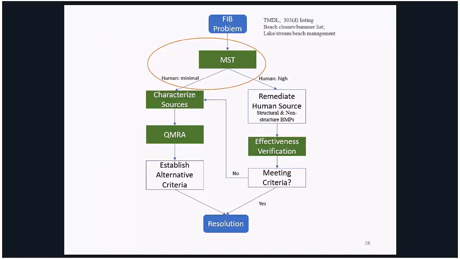In reality, what we talked about won't be sufficient. So you actually need to start from the top where you have the FIB problem, then go down the flow chart I'm showing here, and hopefully reach a resolution to resolve your problem. So what do you actually need along the way? Next slide.